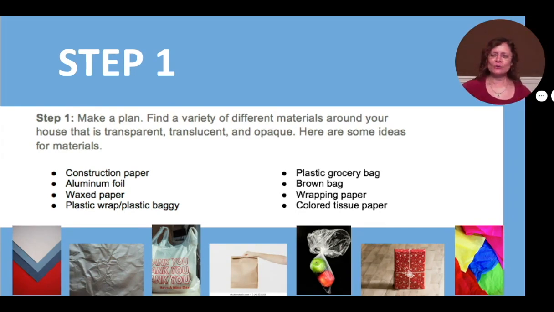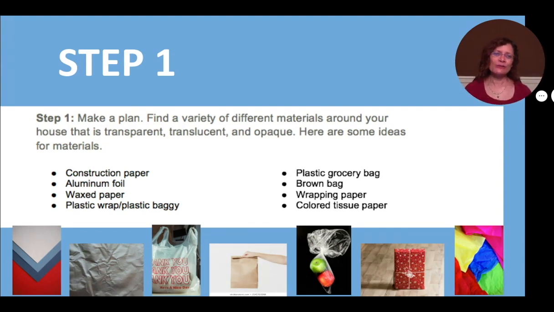You might use the plastic from a sandwich bag or some plastic wrap. You could also use wrapping paper. Look for a variety, different types, or you might use some tissue paper. Tissue paper comes in different colors, so look and see what you have at your house. And a final thing that you might consider using is a plastic grocery bag.